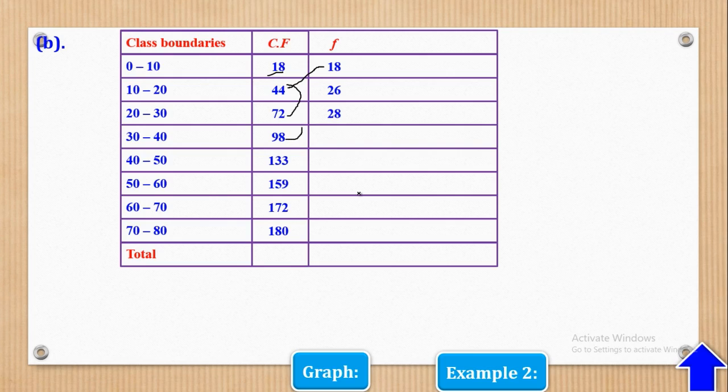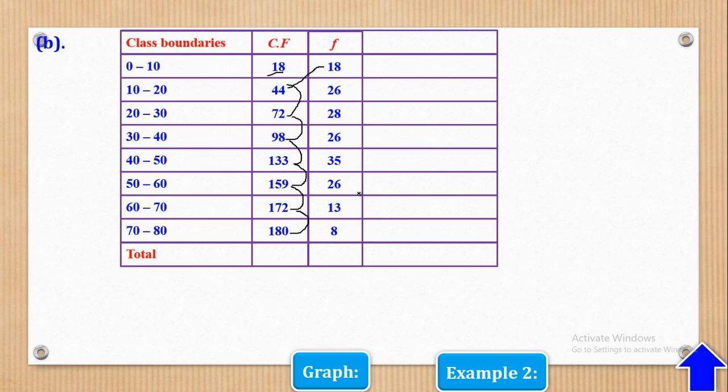Then 98 minus 72 to come up with 26. Then 133 minus 98 to come up with 35. 159 minus 133 to come up with 26. 172 minus 159 to come up with 13. And 180 minus 172 to come up with 8. So basically those are the values for F.